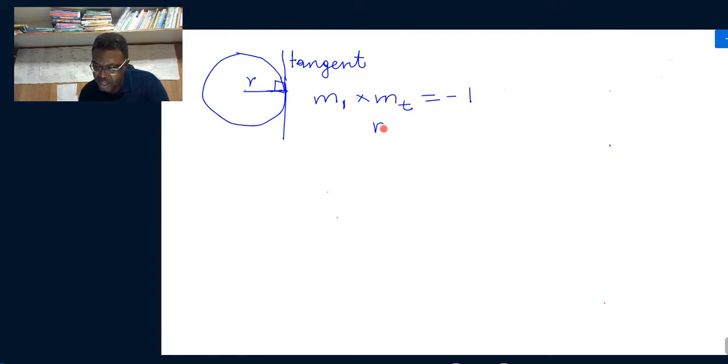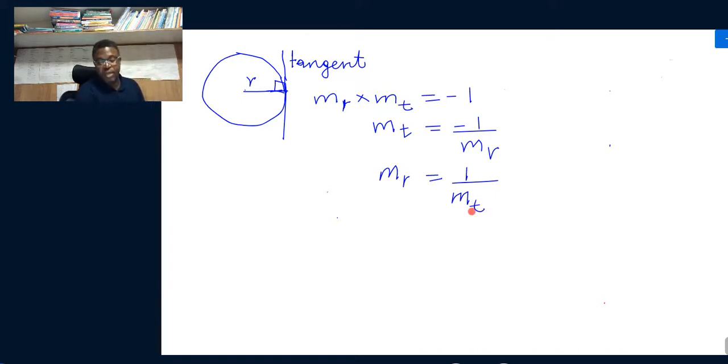So the gradient of the tangent is equal to -1 over the gradient of the radius. And also the gradient of the radius is equal to 1 over the gradient of the tangent. So we spoke about the gradients.